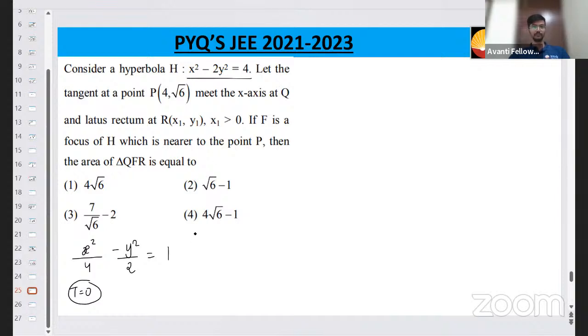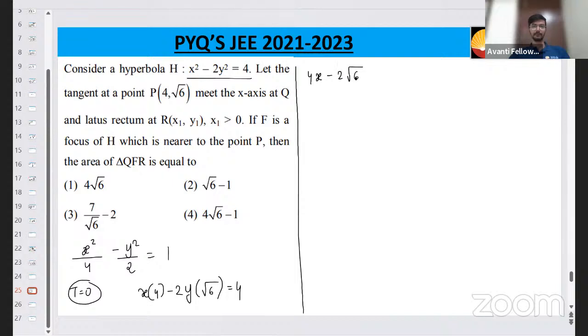So for T = 0, we'll use this equation: x·x1 − 2y·y1 = 4. So it will be 4x − 2√6 y = 4. This is the equation of the tangent.